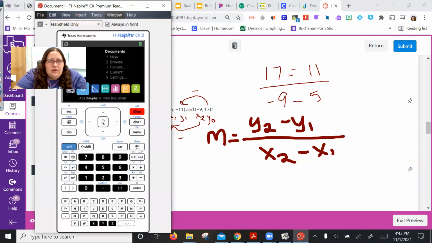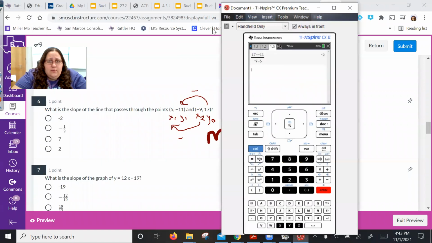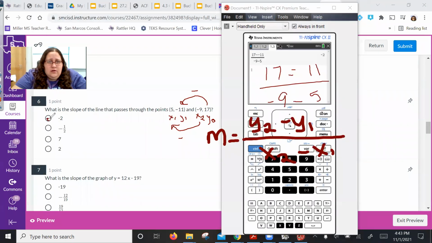So go home, calculator screen, Control divide to get a fraction. 17 minus -11 down, -9 minus 5. And you just press enter. We get -2. So I go to my problem and I just put in -2.